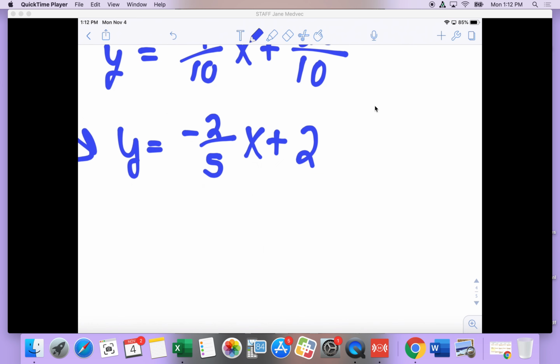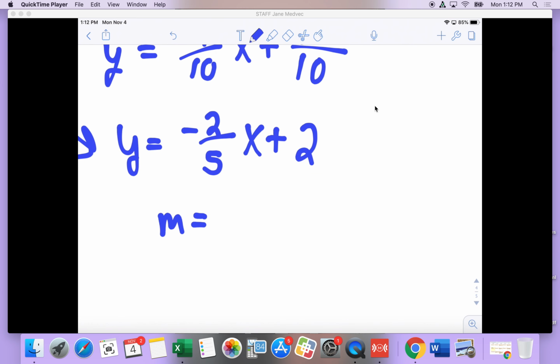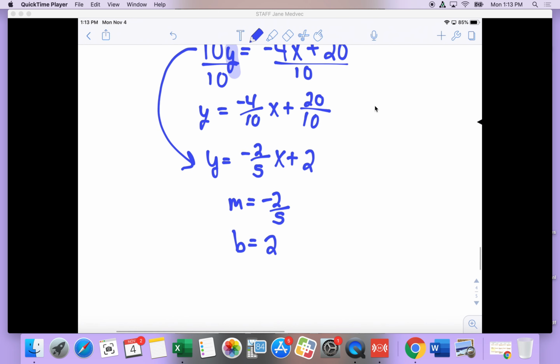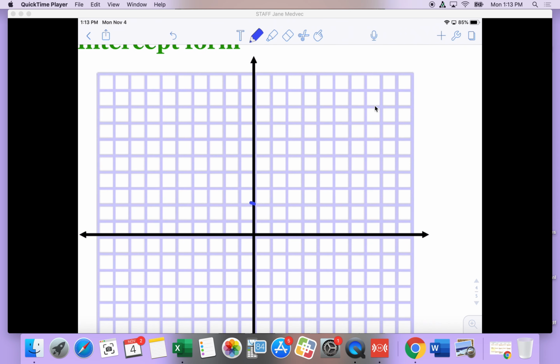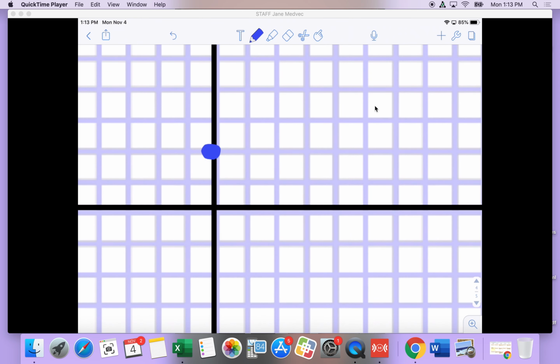All right, so we're going to graph it. My m is negative 2/5. My b is 2. So I'm going to come back here. I'm going to grab my 2. How do I move this? Negative 2/5. How do I move it? Yes. That's right.